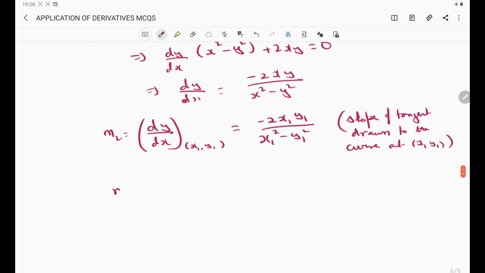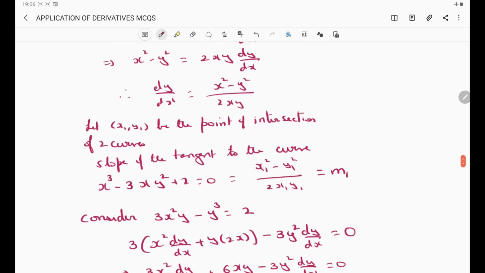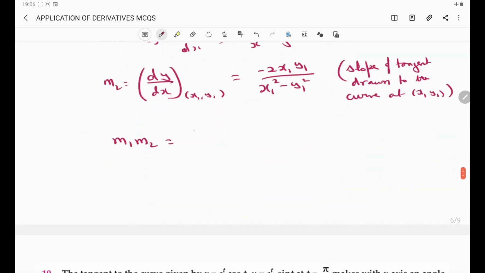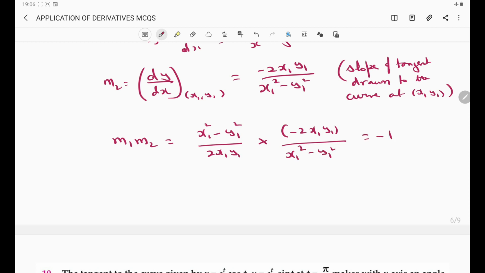But we can find that m1 into m2 is (x1 square minus y1 square) by 2x1 y1, and m2 is minus 2x1 y1 by (x1 square minus y1 square), which is equal to minus 1. Therefore the two curves intersect orthogonally.